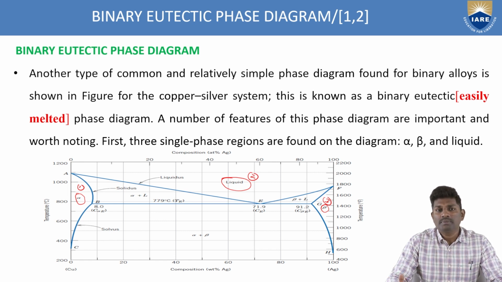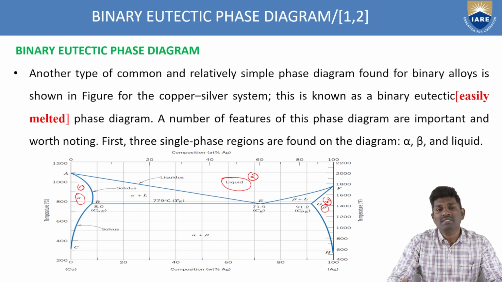A system having only one type of phase is called single phase. In the previous sessions we also discussed that a system can have one or more phases. If a system has a single phase, it is very easy to find the composition as well as the temperature by dropping vertical and horizontal lines along the x and y axes.